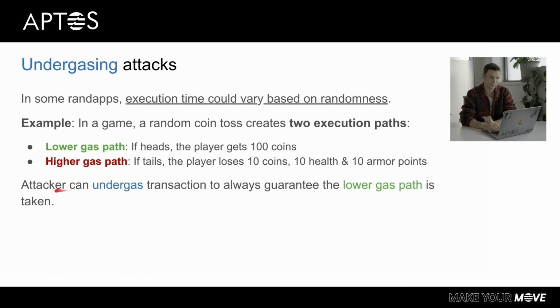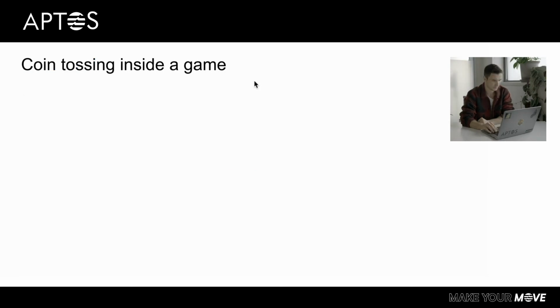So what an attacker can do is undergas his transaction, supplying it with less gas to ensure that the high gas path never finishes executing and the transaction aborts. This will always guarantee that the attacker's transaction, if accepted, will be accepted under the lower gas path execution.